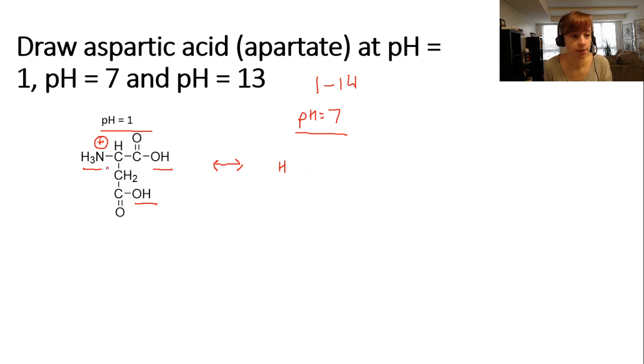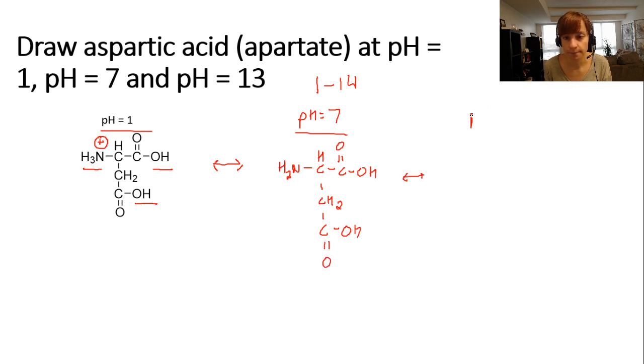So this is NH2 instead of NH3, so there's no charge. It is neutral, so the proton on the OH stays there just the same, as well as the proton on that OH.